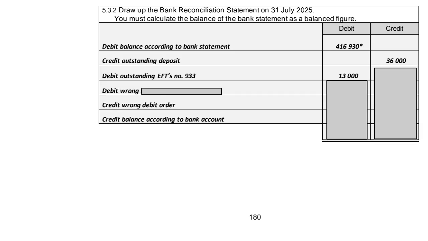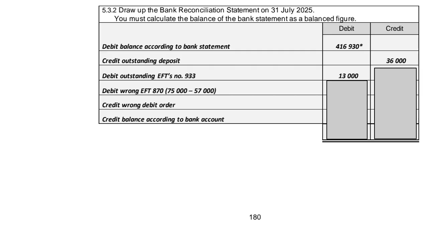Then according to information C, the amount of EFT 870 is correct according to the business's cash payments journal. The bank will correct the error on the bank statement. So we need to go and correct the error. So it's going to be debit wrong EFT 870.